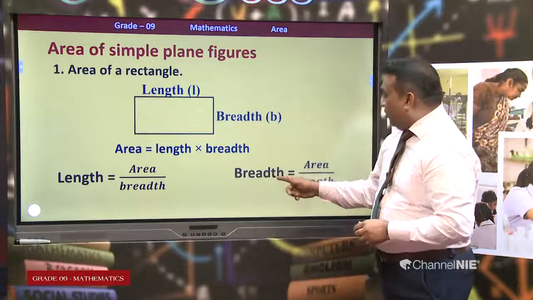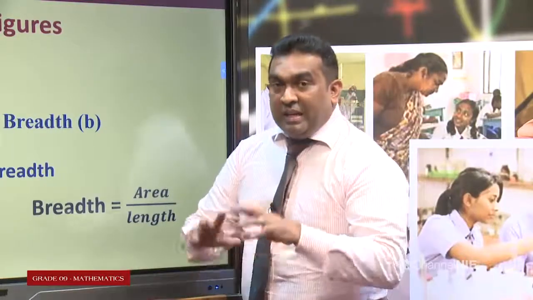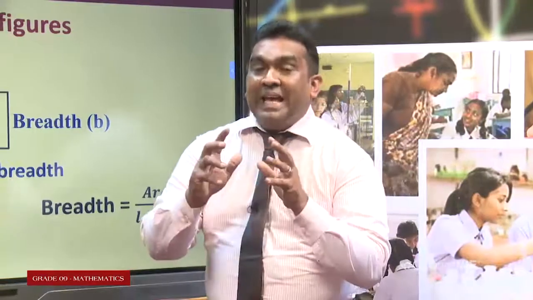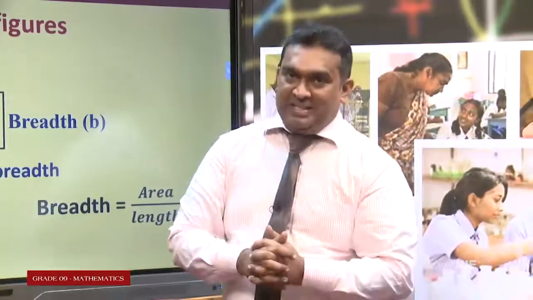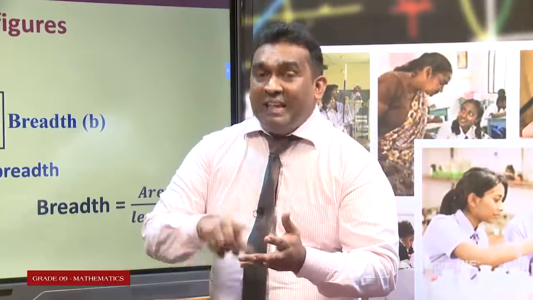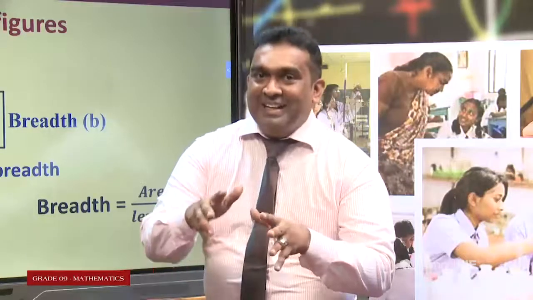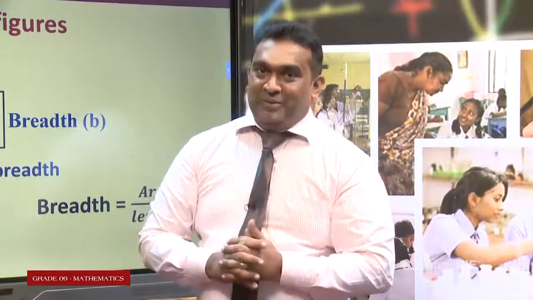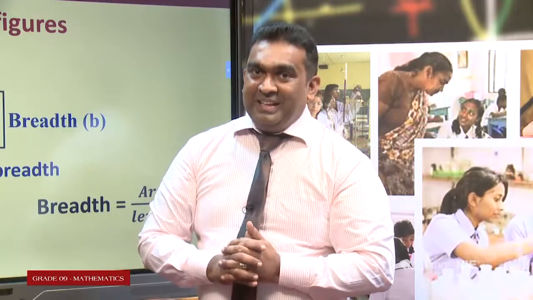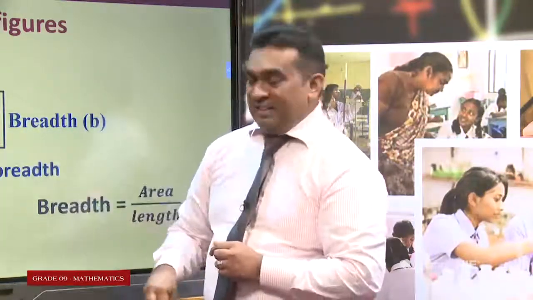Breadth is equal to area over length. In this formula, there are three variables: length, breadth and area. If you want to find the area, you have length and breadth. Therefore, try to understand the pattern.